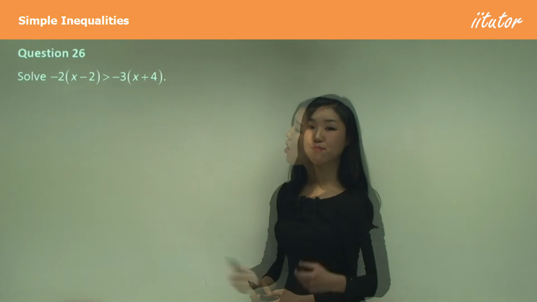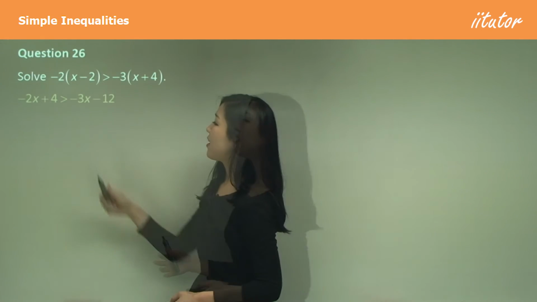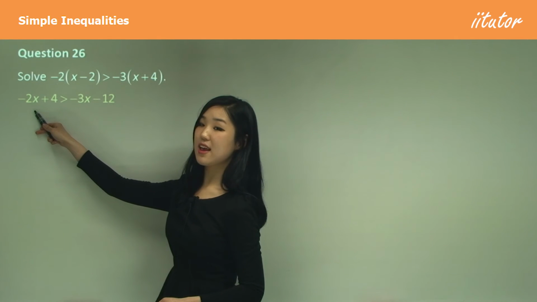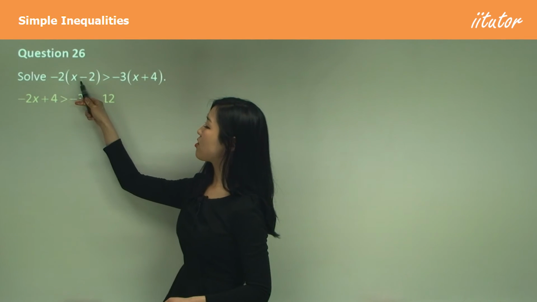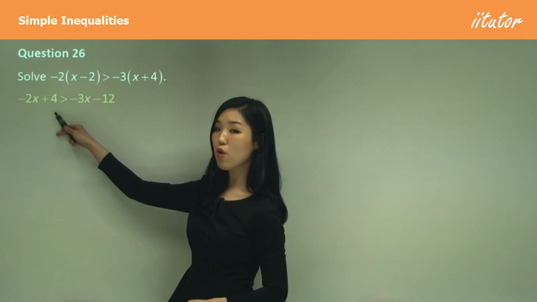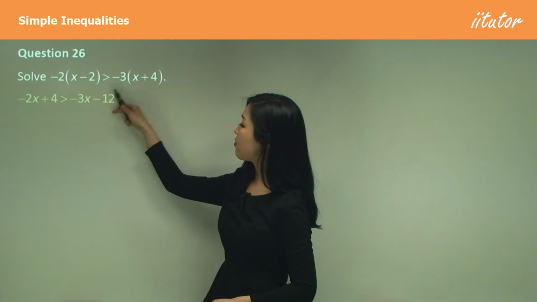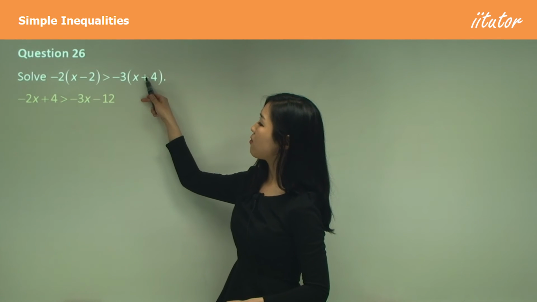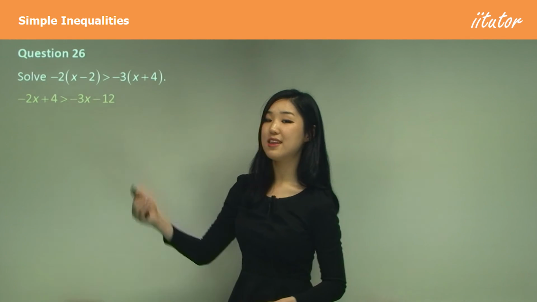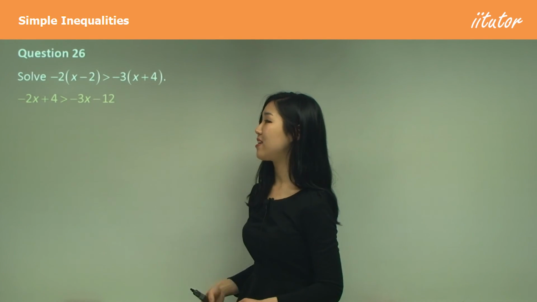And 26, we're going to expand it all out first. Negative 2 times x is negative 2x. Negative 2 times negative 2 is positive 4. Don't forget to switch the sign to positive. And here, negative 3x, and negative 3 times positive 4 is negative 12. Now gather your like terms.